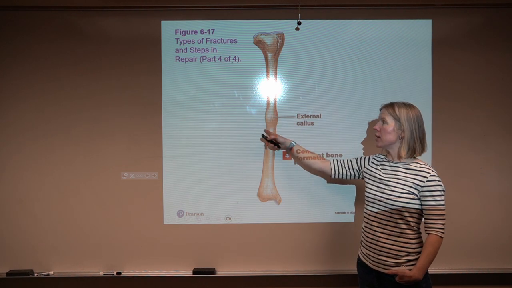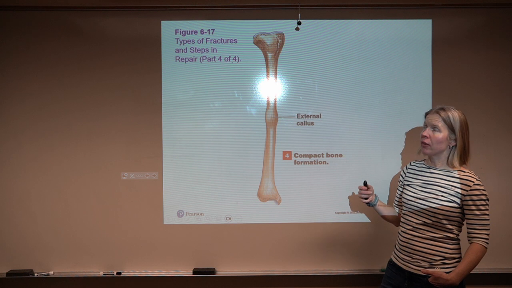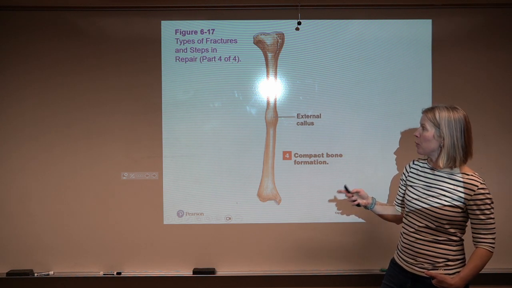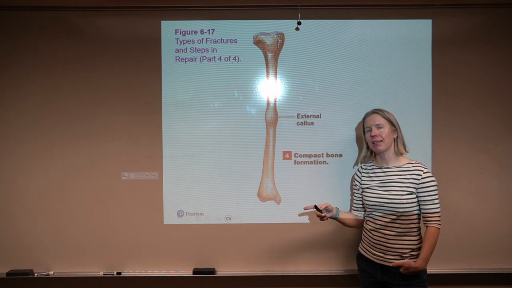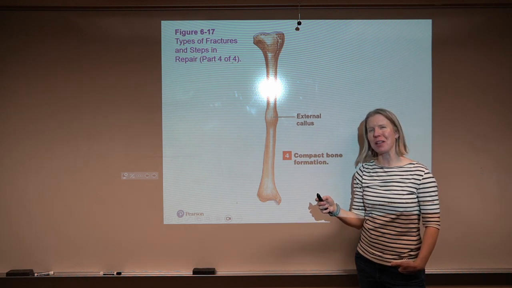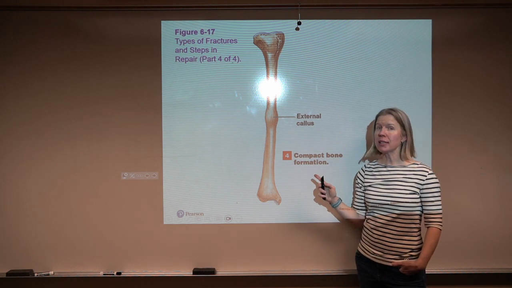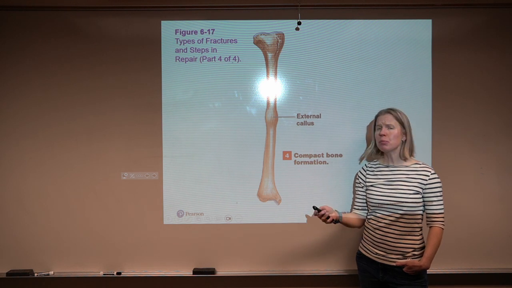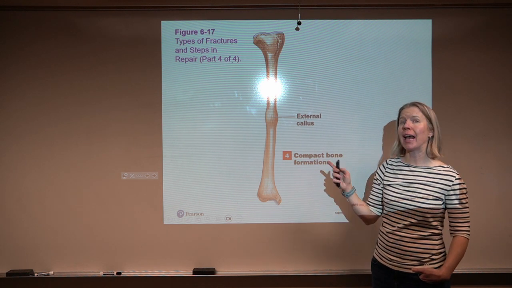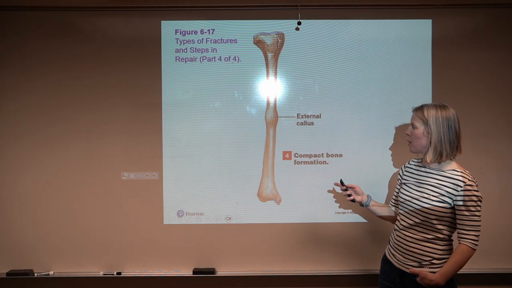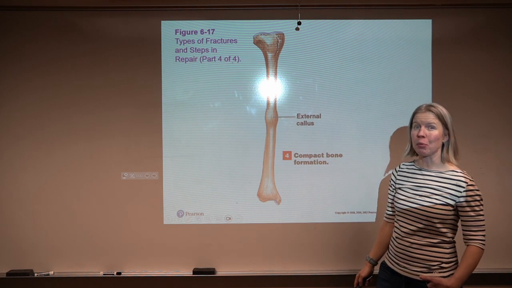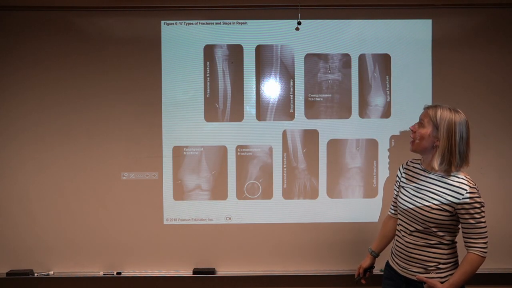Now, notice that at some point during repair, this bone is actually going to be thicker at the site of the fracture than it was before. Remodeling is not completely done here, but this bone is already really strong. So even when a cast is removed, we're probably not completely done fixing that bone, but we've repaired it to the point where it is as strong.